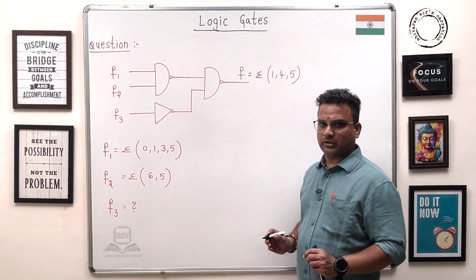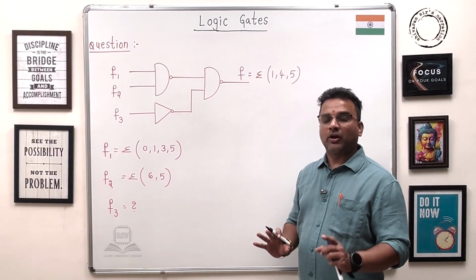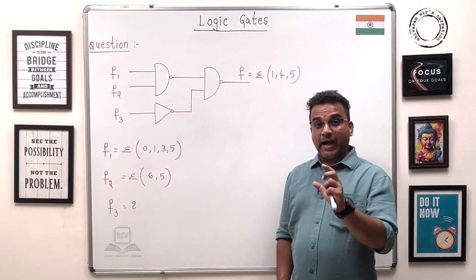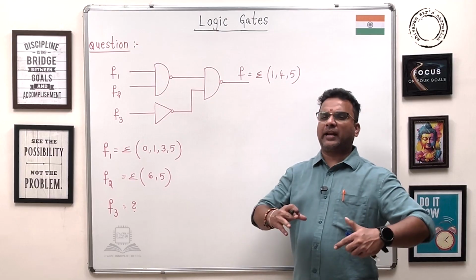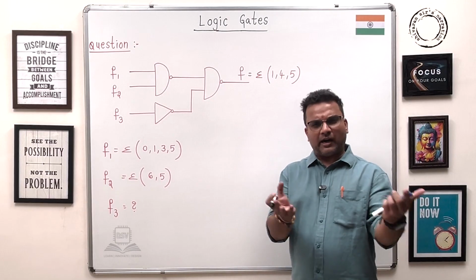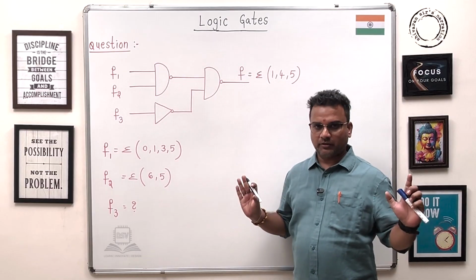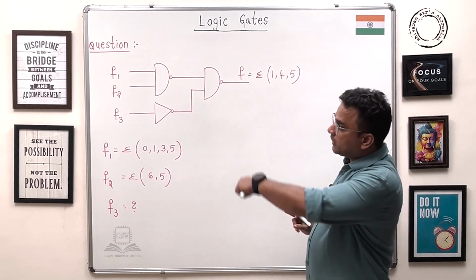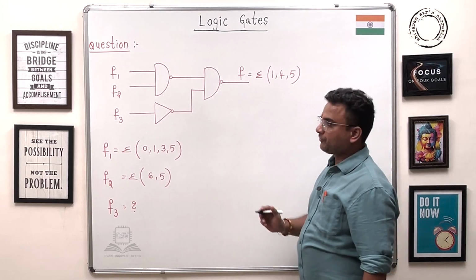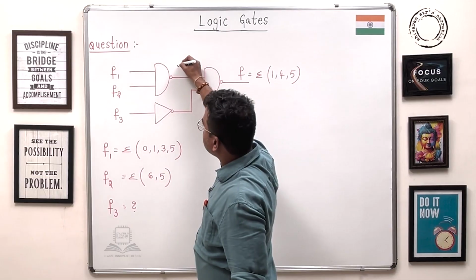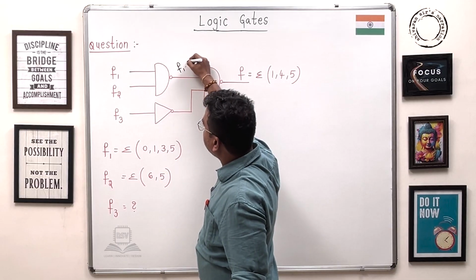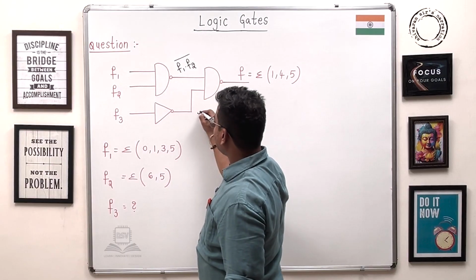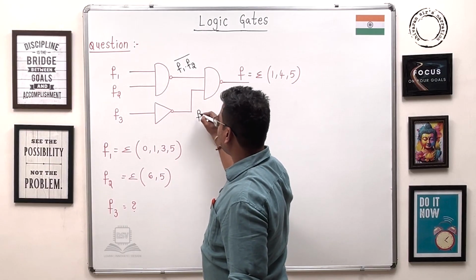Now in this question, the approach is that you first need to get the output expression. As per that, you can do either AND operation, XOR operation, or OR operation, etc. So let's find the output expression F in terms of F1, F2, F3. Here it is (F1 into F2) whole bar and F3 bar.